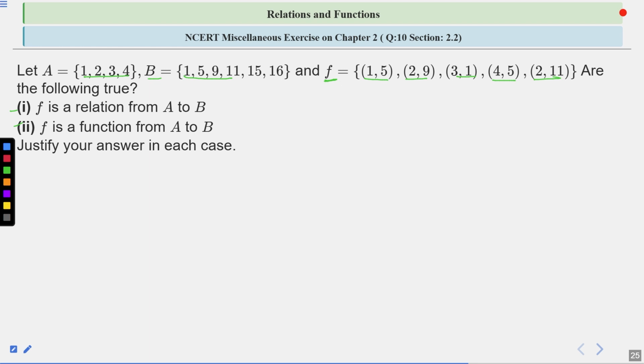You have to answer whether each statement is false or true. Just provide your justification in each case. Clear? The first says that the given F is a relation from A to B, and the second says that F is a function from A to B.